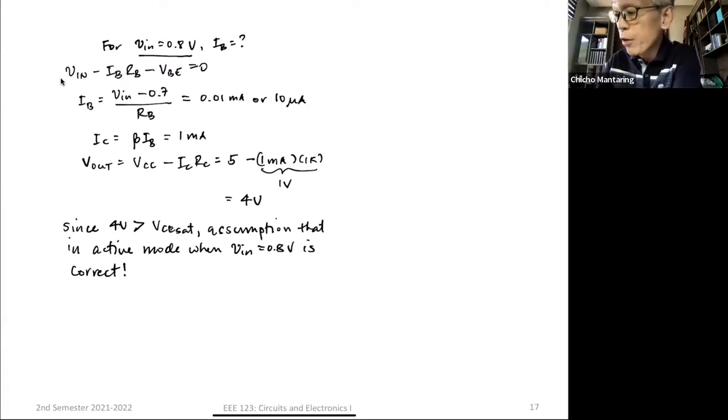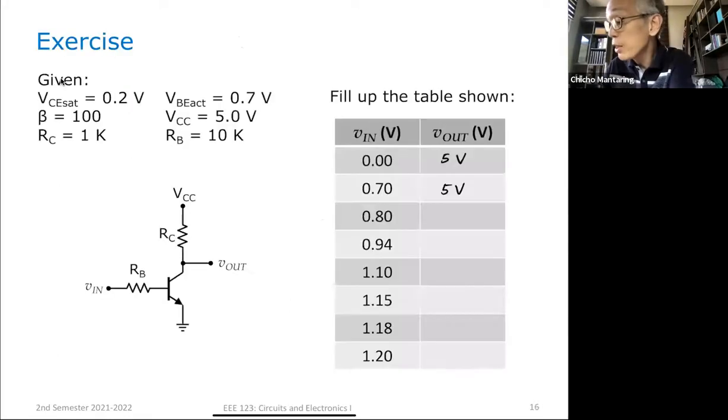Remember, we're computing for the conditions of the transistor when Vin is equal to 0.8 volts. We computed a VCE that's greater than VCE SAT. Therefore, our assumption that it is in active mode is correct. Remember, we can only use the equation IC equal to beta times IB if it is in active mode. So this is 4 volts.